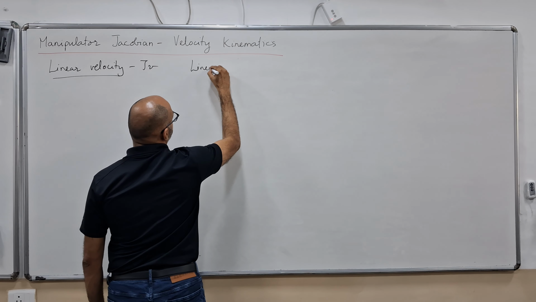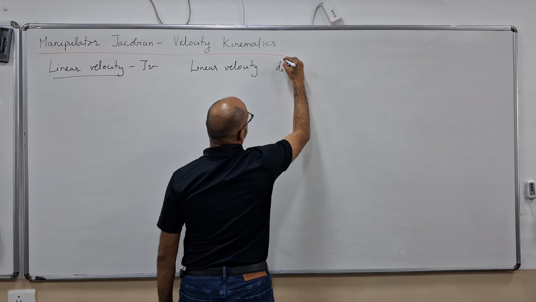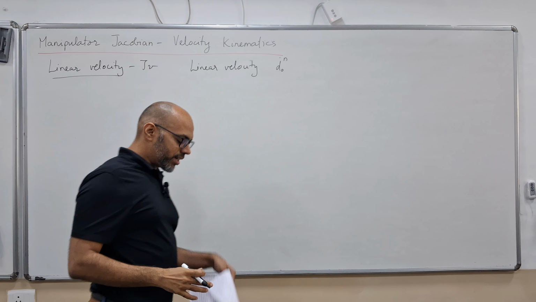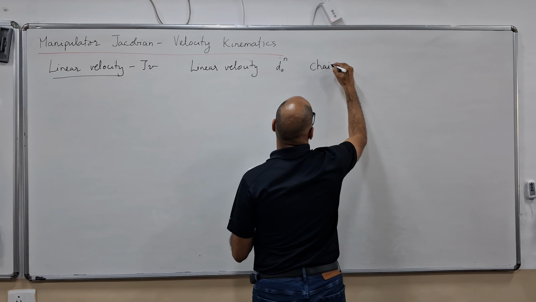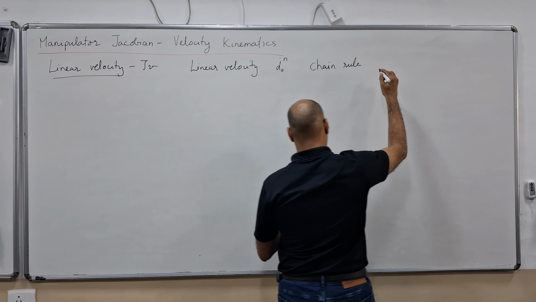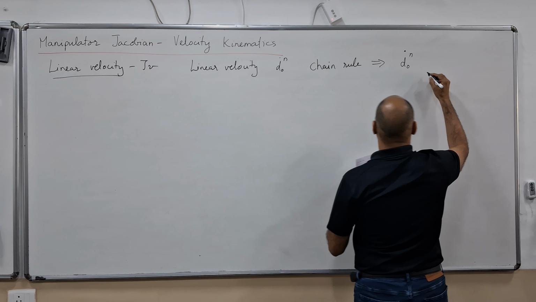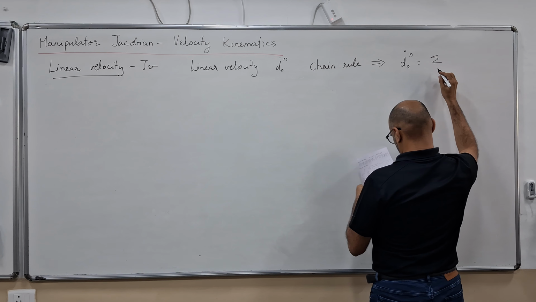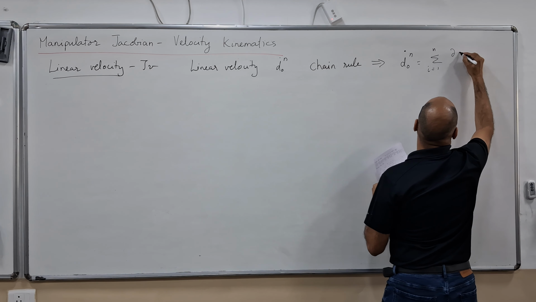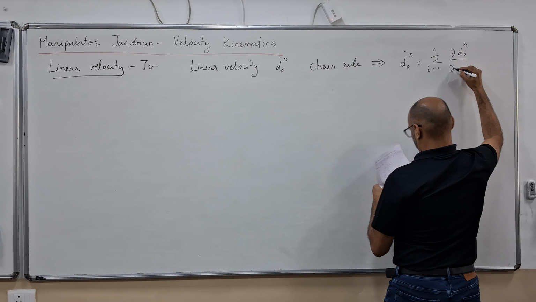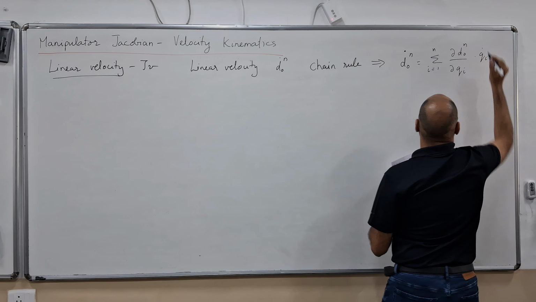Now linear velocity is simply d0 to n, the derivative of that, and by applying the chain rule we can write d0 to n dot as the sum over these n joints of the partial of d0 to n with respect to the corresponding qi, multiplied by qi dot.